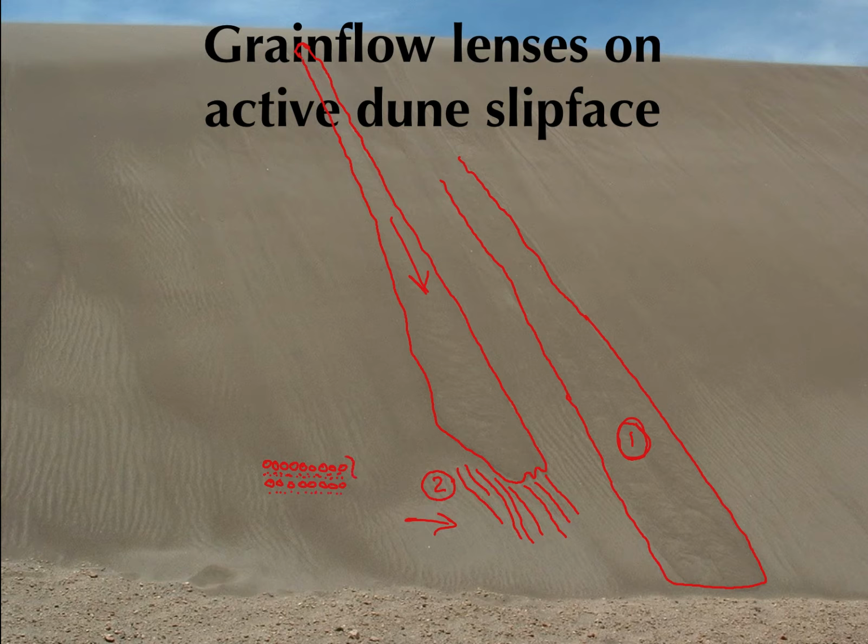Each one of those layers is much thinner than the deposits of a single grain flow, on the order of millimeters instead of inches. And so those are the two processes that deposit sediment on the downwind portion of a dune called the dune slipface.